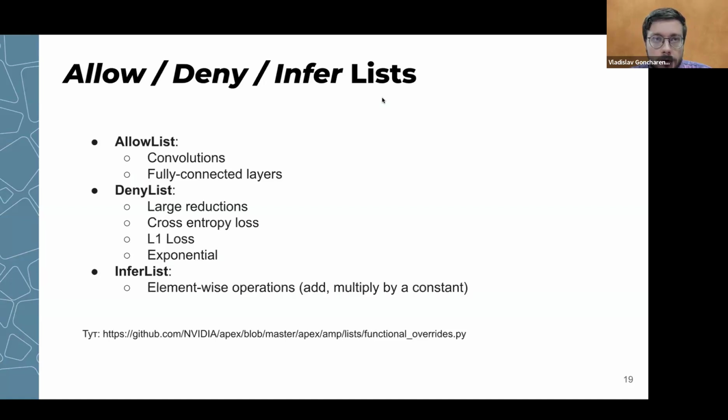If we talk about layers which can use mixed precision, well, which can use lower precision, we have 3 groups: allow list, deny list, and infer list. Allow list is convolutions and fully connected layers. They are really efficient. The deny list is some large reductions, maybe average pooling with a big factor.